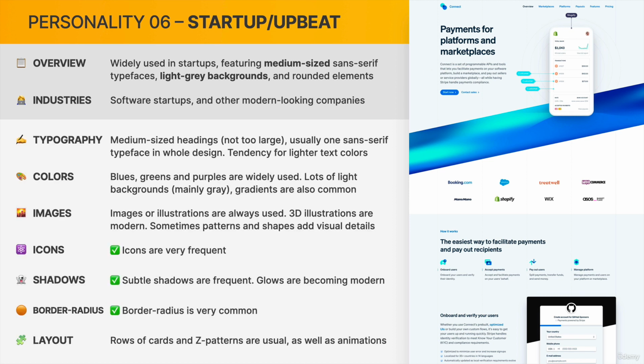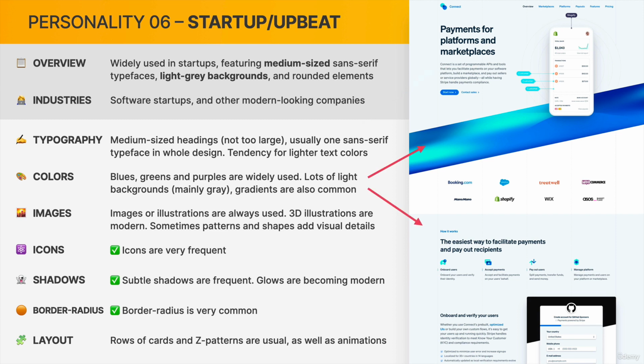But now about the personality traits, let's again start with typography. And this personality uses medium-sized headings and usually only one sans serif typeface in the entire design. And the tendency is for light colors in the text, which is quite a modern looking trend in these kinds of websites.